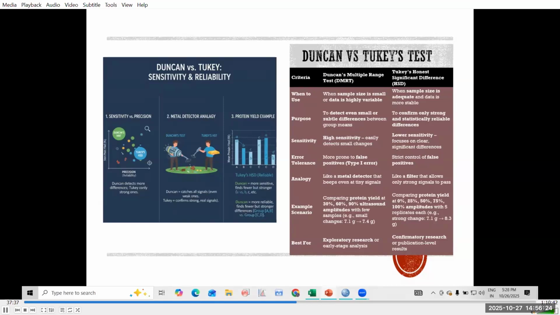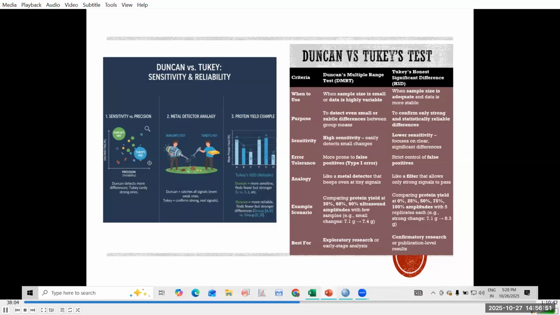For example, the protein yield at 30, 60 and 90% of ultrasound amplitude. Duncan may show all 3 amplitudes having significantly different protein yield values, but Tukey's may show only 30 and 90% of the amplitude differ significantly. So the analogy of the two tests is like this.